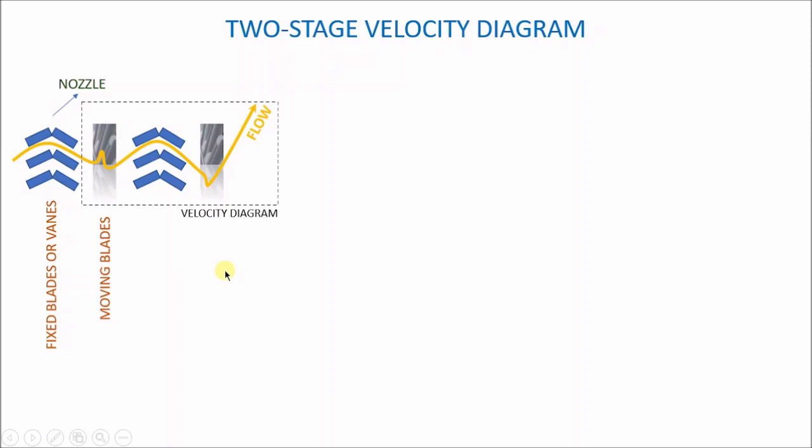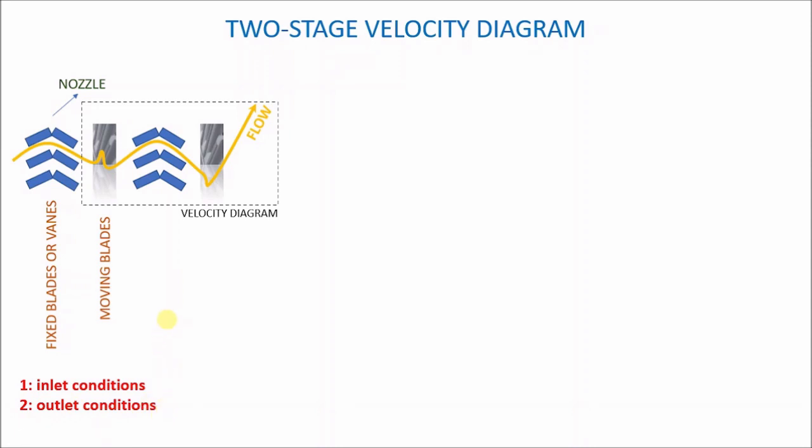And so when we are drawing a velocity diagram, remember, we use the subscript 1 for inlet conditions. So for instance, if I say V1, that will be the velocity at the inlet. And we use the subscript 2 for outlet conditions. So if I say V2, that will be the velocity at the outlet.